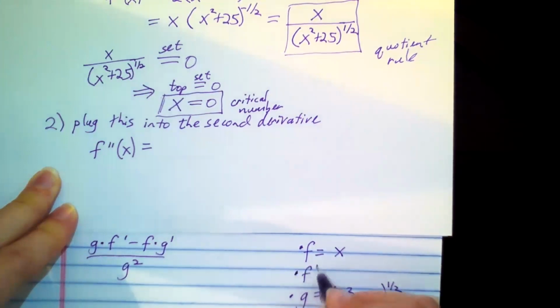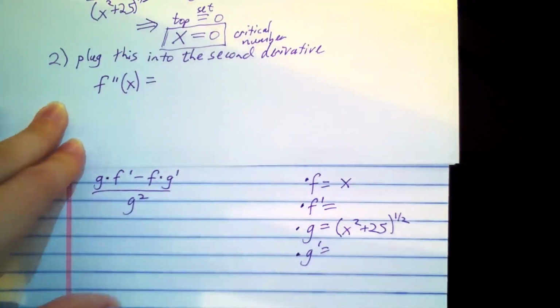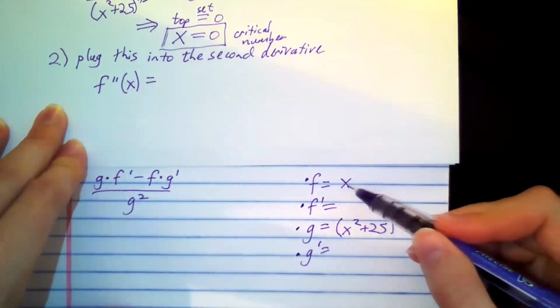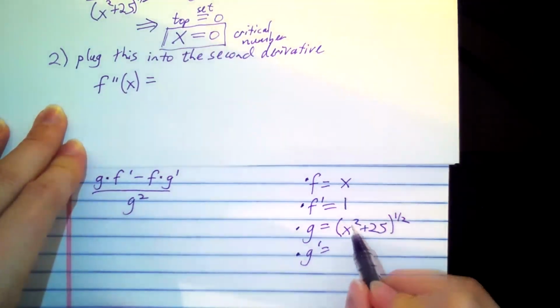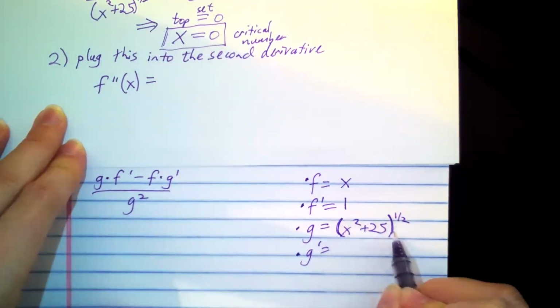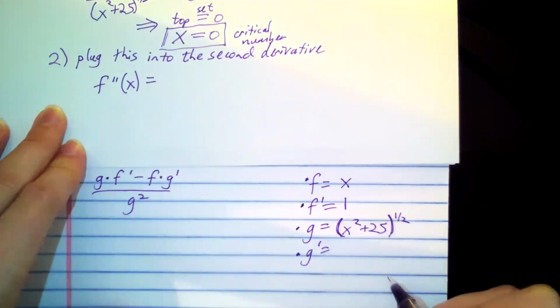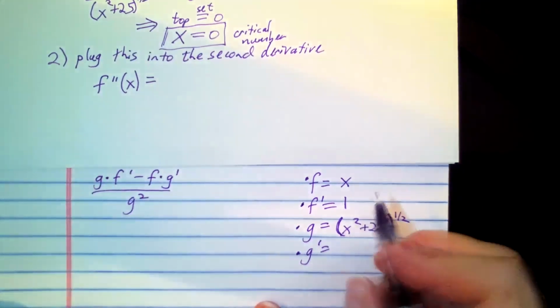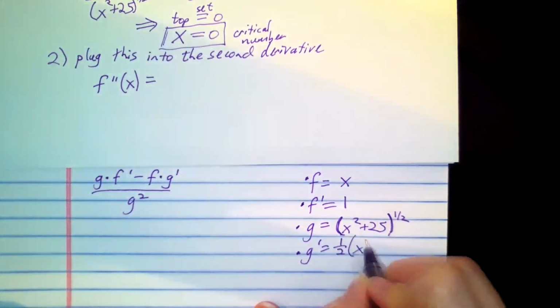We then have to find f prime and g prime in order to complete the list of things I need to use a quotient rule. If f is x, then f prime is the derivative of x, which is 1. If I'm going to do the derivative of this, I'm going to need to use a general power rule because this is something in parentheses to a power now. So let's do a general power rule on this. C times r, 1 times 1/2 is 1/2.